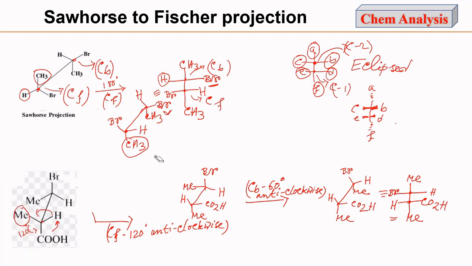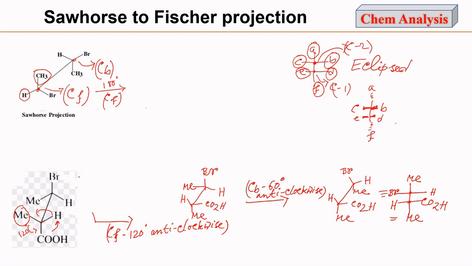Let's erase this thing first. Okay. So to keep the CO2H group and bromine atom below the plane, we have to only rotate the substituent on the back carbon by 180 degree. So front carbon remains as it is.